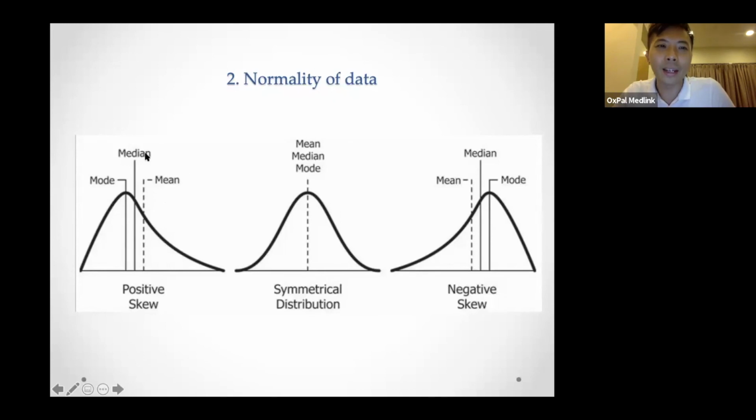On the right, there's a negative skew, meaning a slight tail on the left. That's negative skew, and positive skew is when there's a tail on the right. These are not normal distributions. So only the center one meets the assumption of the parametric test.